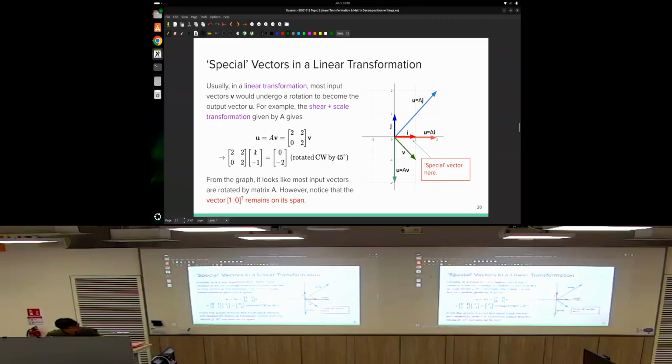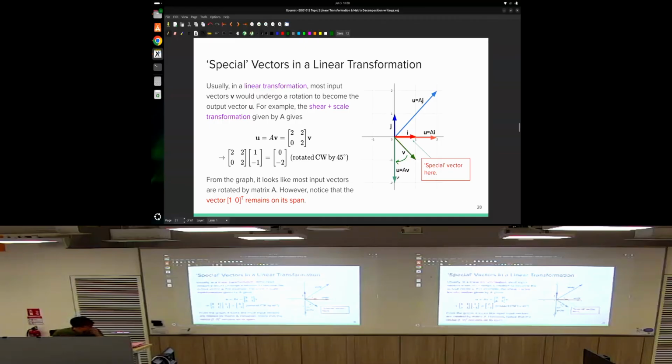Easy to check: 2 times 1 plus 2 times -1, you get 0 here. Then 0 times 1 plus 2 times -1, you get -2 here. So the input vector v, (1, -1), gets rotated to (0, -2). This green becomes this light green vector, so there is some rotation.